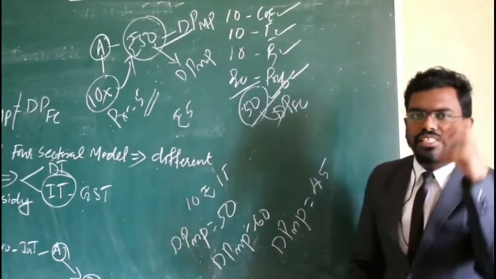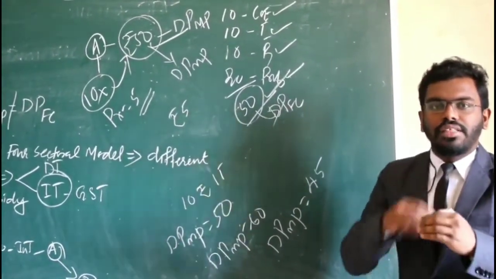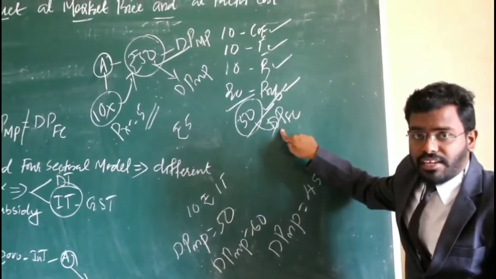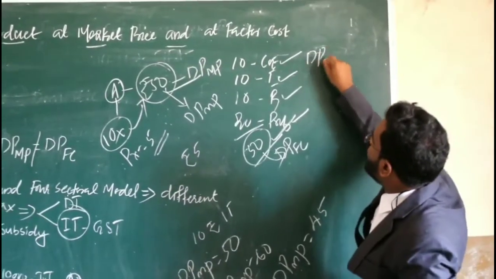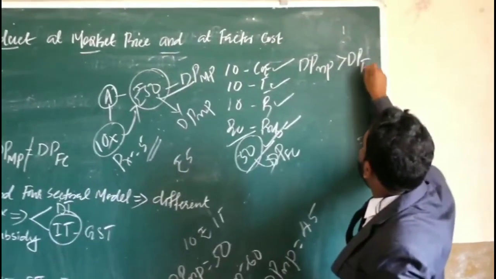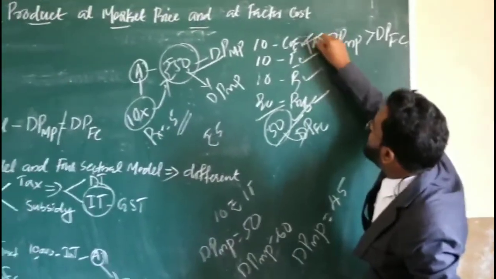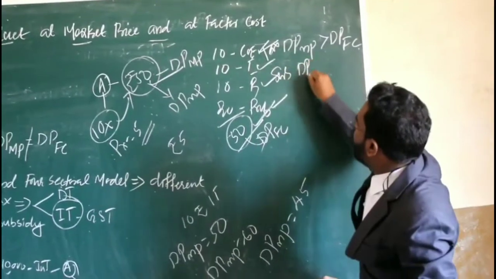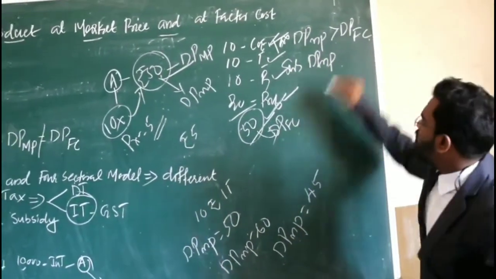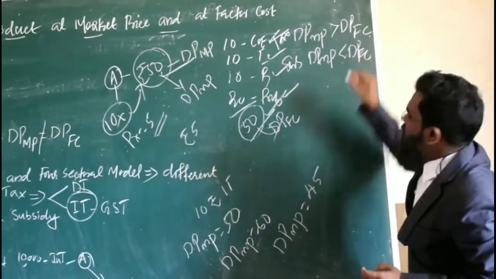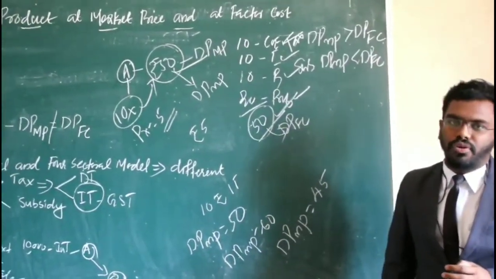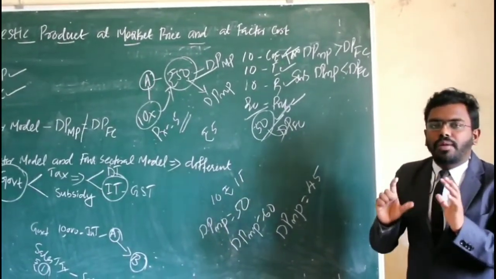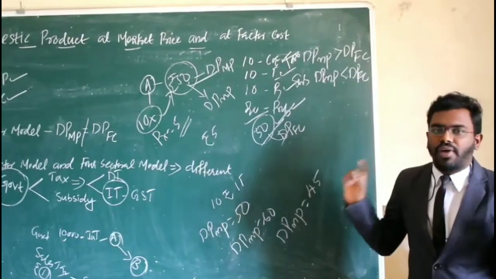So if the government is imposing tax on the producer, then domestic product at market price will be greater than domestic product at factor cost. That means DPMP will be greater than DPFC if the government is imposing tax. If the government is providing subsidy, then DPMP will be less than domestic product at factor cost.